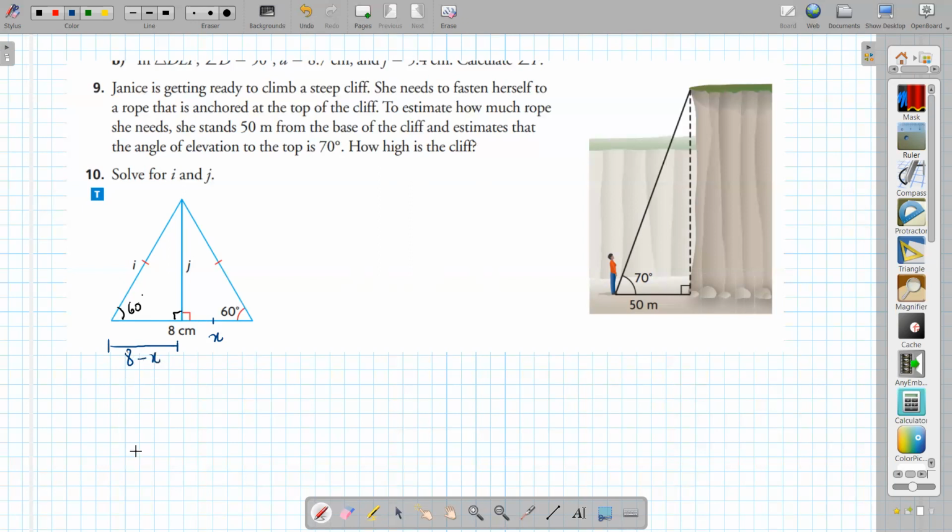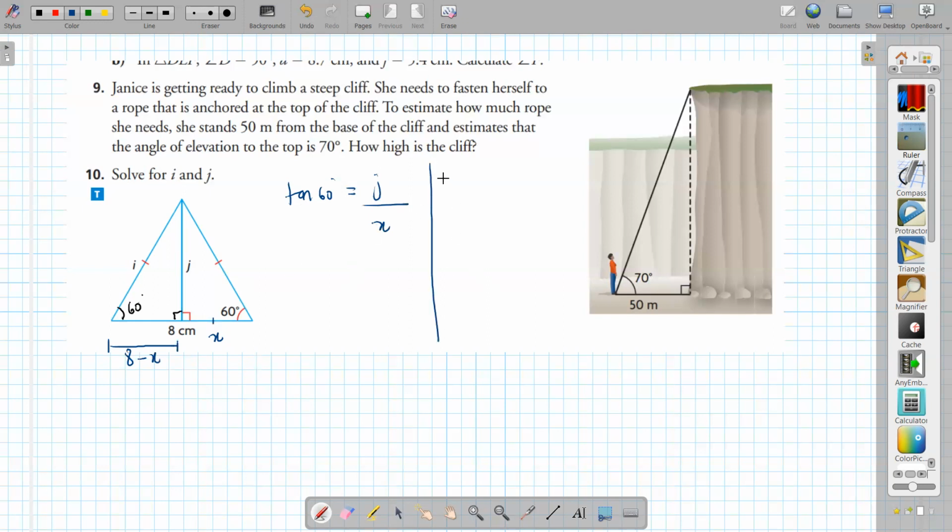So now you have 2 different triangles. You want to attack the side length that they both have in common, right? So from the right, you have the opposite and the adjacent. It's going to be a tan problem. So tan 60 is going to be J divided by X. You agree?